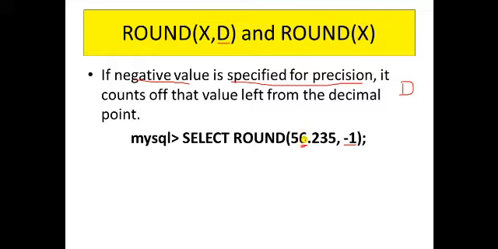It is 6, that is greater than or equal to 5, which means this value will increase and it will become 60. So when the precision is negative, it will look on the left of the decimal, not the right. The right of the decimal will automatically be removed.